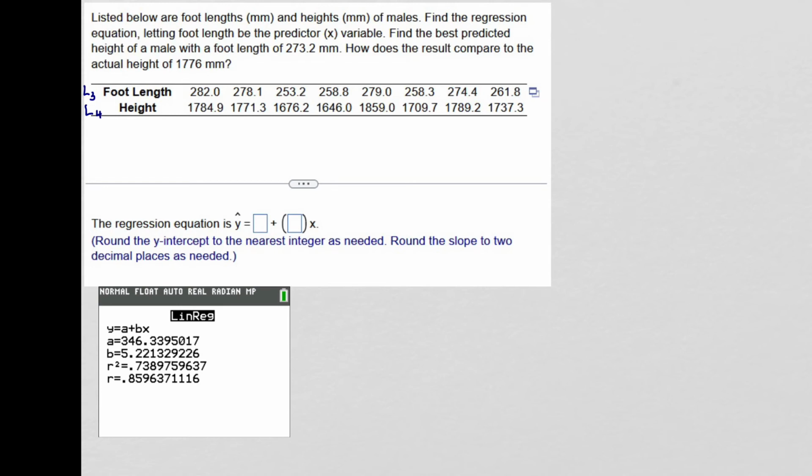So in this case, our regression equation, or our line of best fit, is going to be y hat equals 346 for the y-intercept plus 5.22. They want us to round the slope to 2 decimal places, so that's correct, times x. So that's what we're going to put in for our regression equation.